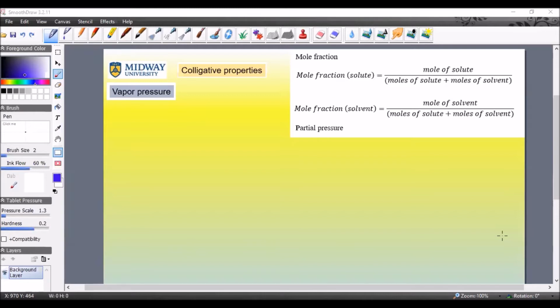So concentration is a key factor in determining how the colligative properties are affected for a given mixture of solute and solvent. All right, with that said, let's get into vapor pressure.